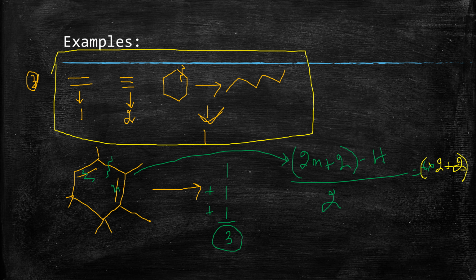So 6 into 2 is 12, plus 2 is 14, minus 7. Fine. 14 minus 7 divided by 2. What will that be? 7 by 2.